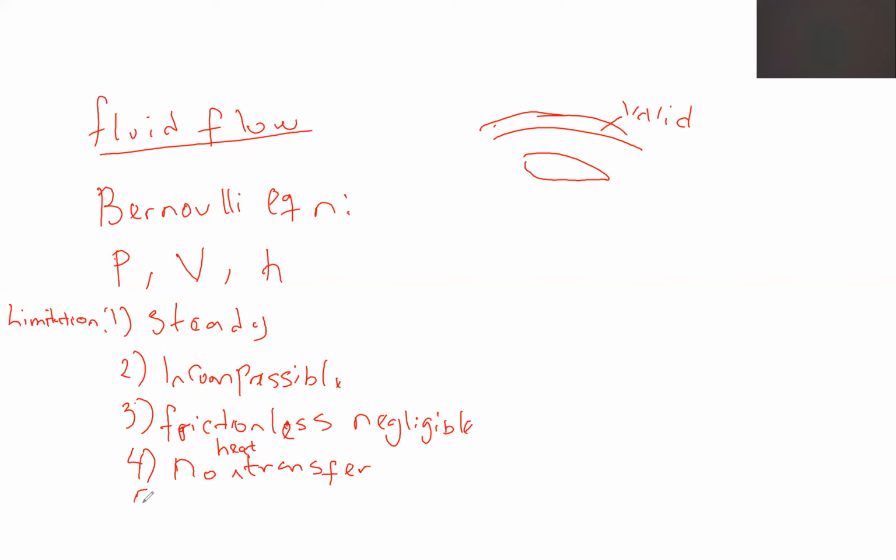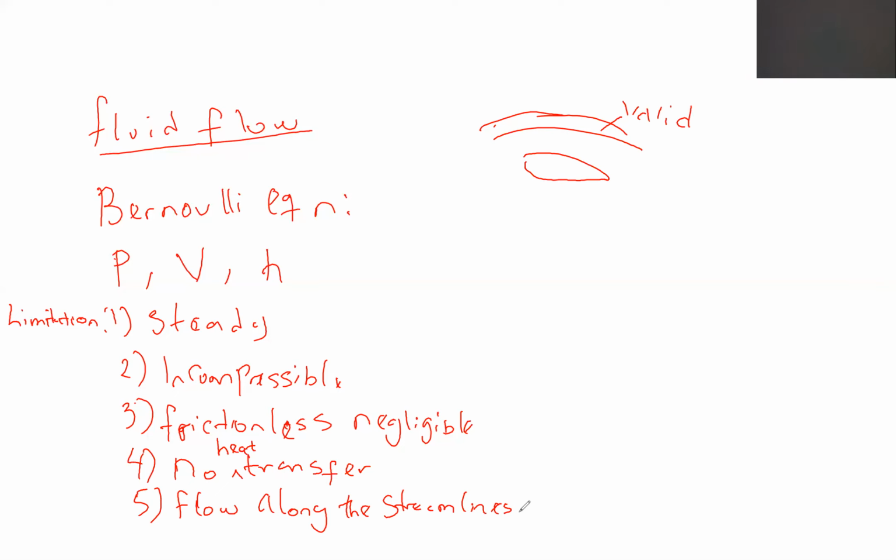Another limitation is that the flow has to flow along the streamline. Now, I'm assuming everyone knows what a streamline is, the streak line, and things of that nature.